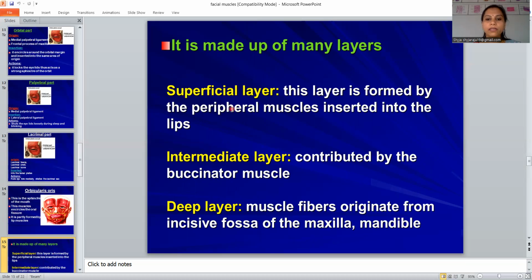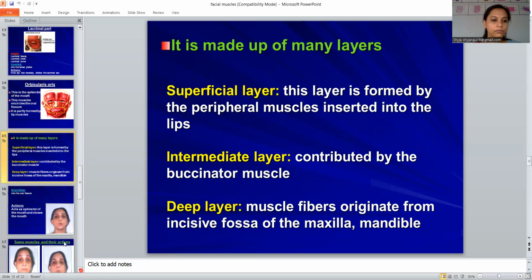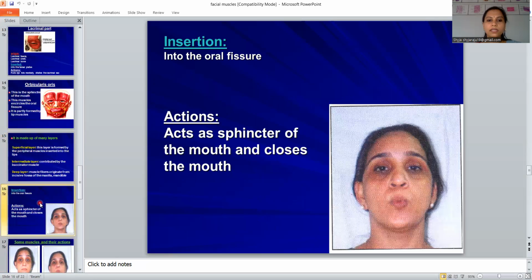The superficial layer is formed by the peripheral muscles inserted into the lips. The intermediate layer is contributed by the buccinator muscle. In the deep layer, the muscle fibers originate from the incisive fossa of the maxilla and the mandible. Insertion is into the oral fissure. Action: it acts as the sphincter of the mouth and closes the mouth.